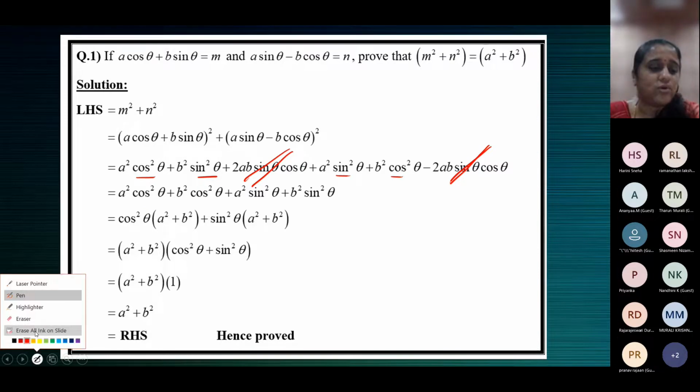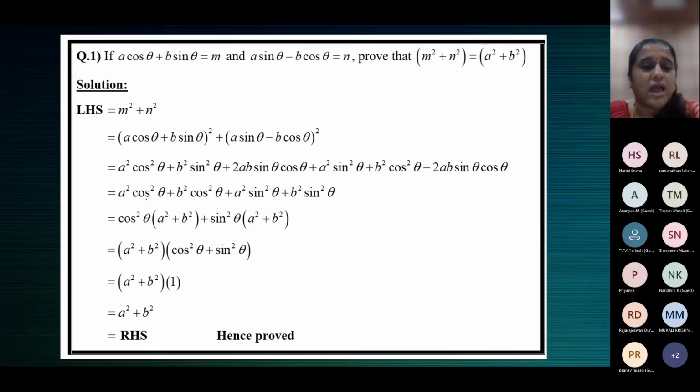Now I've rearranged the four terms. See what I have done? I want to take out cos square theta common. So I've written this one first, then I've written B square cos square theta second, then this one third, A square sine square theta, and this one fourth. Why have I written like that? Because I want to take out common terms.